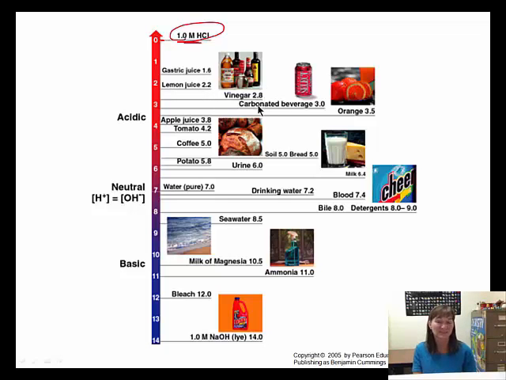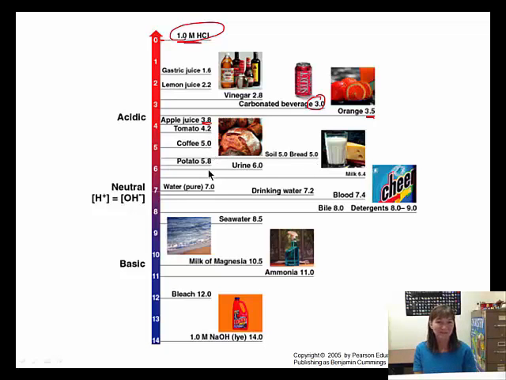Vinegar is fairly acidic too with the 2.8. Your carbonated beverages have a pH of 3. Orange juice, I think most of us are familiar with that being acidic at 3.5. Apple juice, most students don't realize how acidic apple juice is, 3.8. Tomato juice, or tomatoes, is acidic. Coffee is acidic.